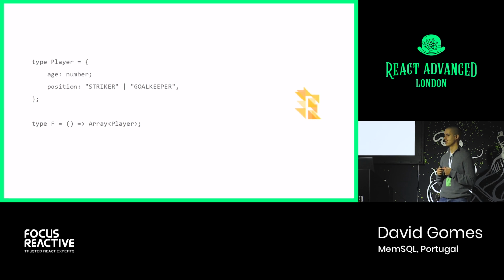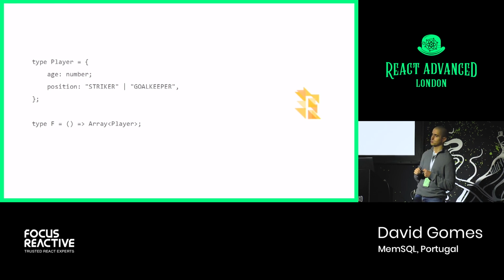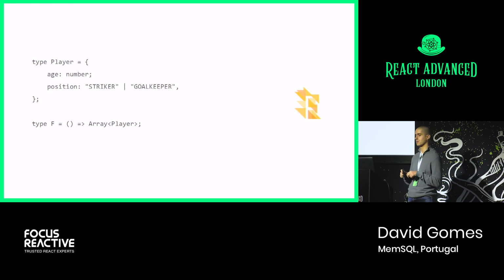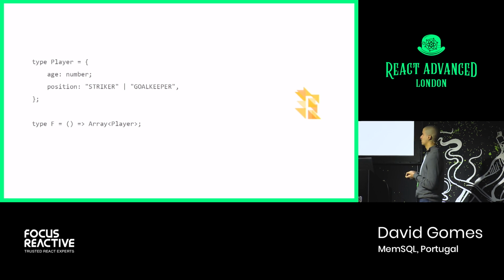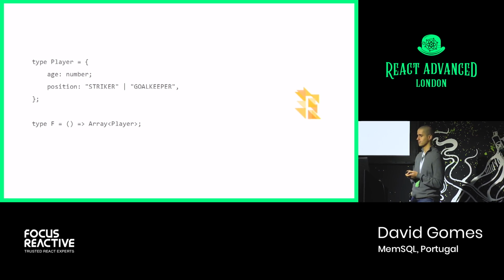One more example. We have a type Player, a soccer player, that has two properties, an age number and a position, which can either be a striker or a goalkeeper. And then we have a function type F, which represents a function that takes no arguments and returns an array of players. With me so far?